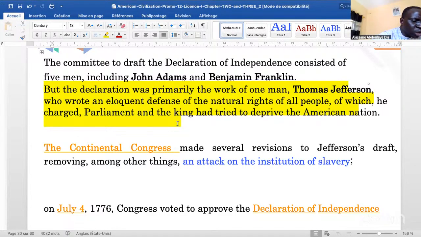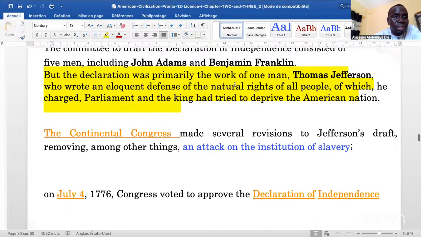The Declaration of Independence. On July the 1st, they first appointed a committee to draft it, c'est rédiger, to draft the Declaration of Independence. The committee was composed of 5 men, and among them you have John Adams and Benjamin Franklin. But the declaration was primarily the work of one man, Thomas Jefferson.